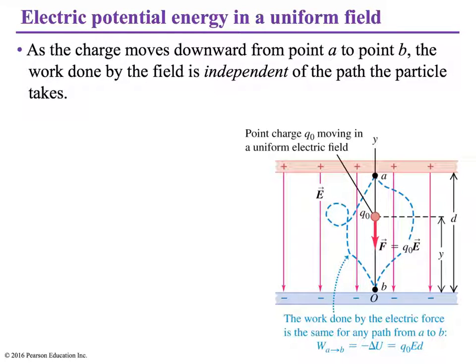If we allowed the charge to move from point A to point B, from the top plate to the bottom, then the total work done would be QE times the total distance between the plates, which is just d.